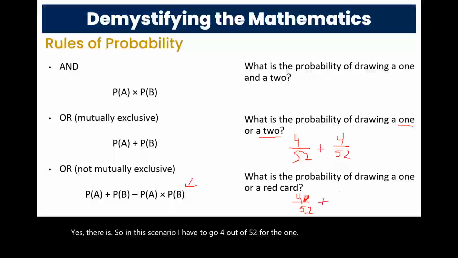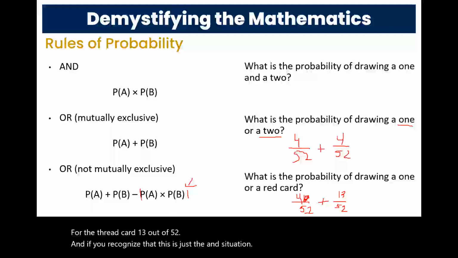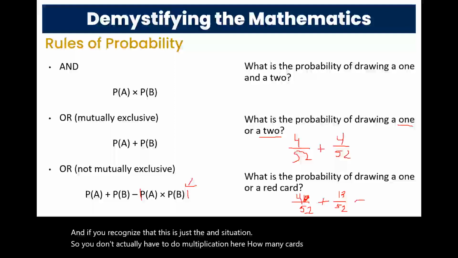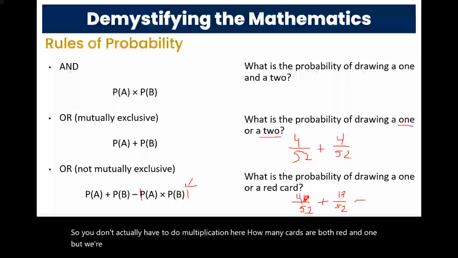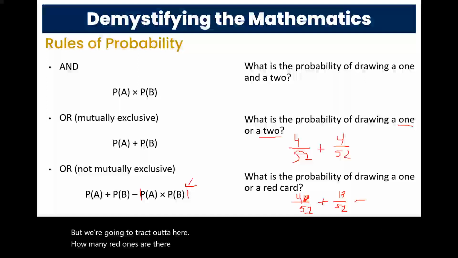For the red card, 13 out of 52. And if you recognize it, this is just the and situation. So you don't actually have to do multiplication here. How many cards are both red and 1 that we're going to subtract out of here? How many red 1s are there in a deck of cards?